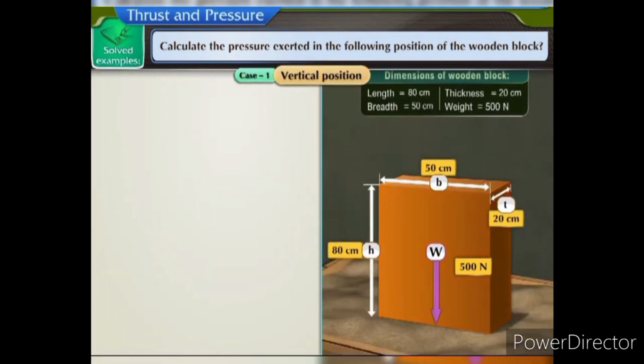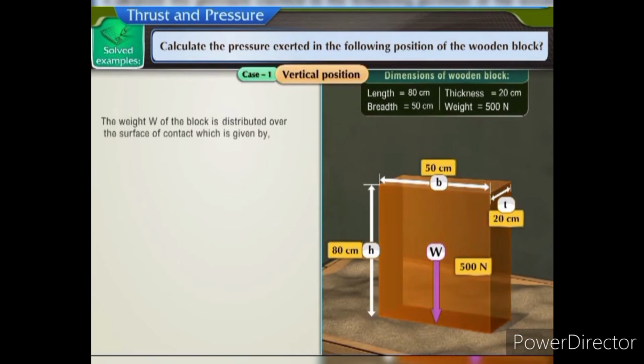When the block is kept in a vertical position, the weight W of the block is distributed over the surface of contact, which is equal to the product 50 centimeters into 20 centimeters, that is 1000 square centimeter, which is equal to 0.1 meter square.